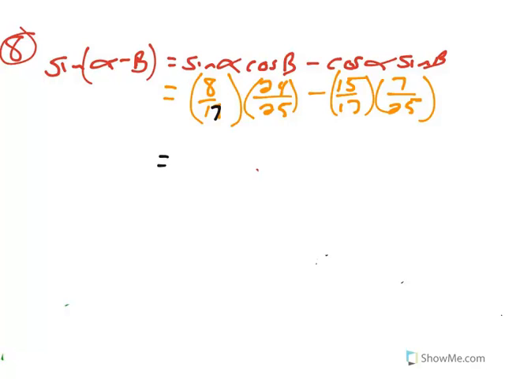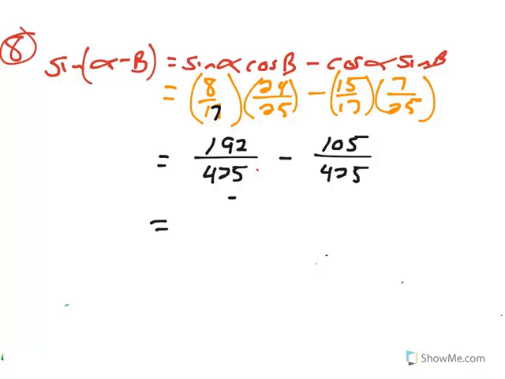Eight times 24 is 192. 17 times 25 is 425. 15 times 7 is 105. 17 times 25 is still 425. 192 minus 105 is 87.